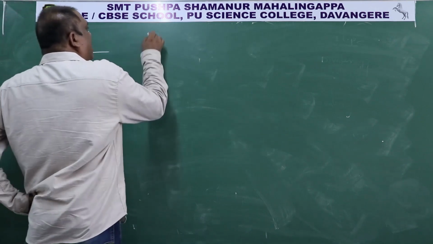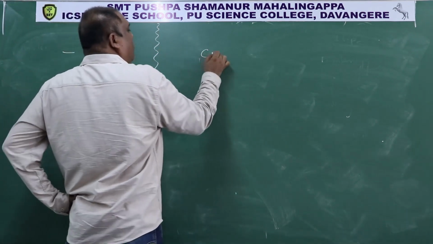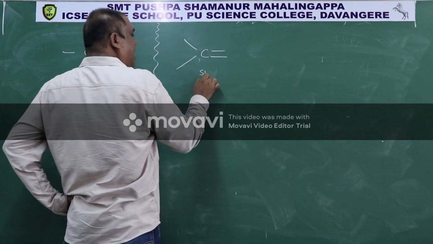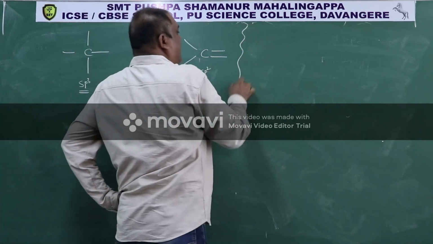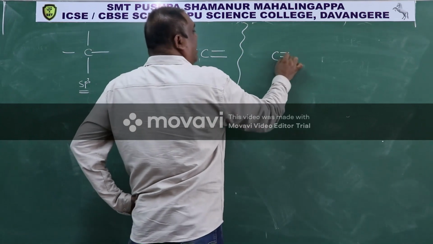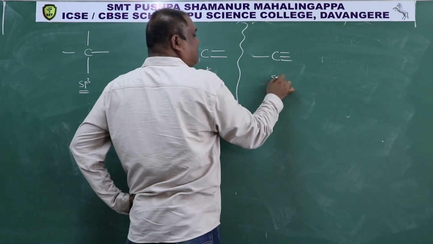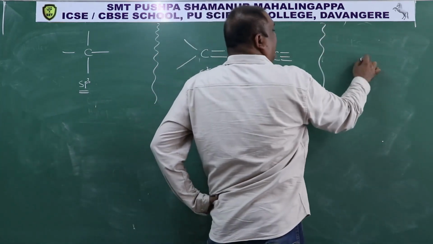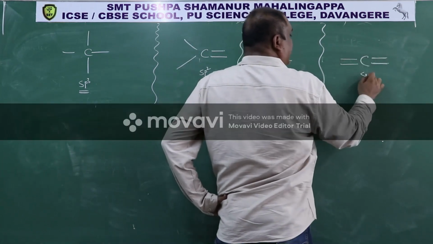In an organic compound, if carbon forms a double bond and single bond, then that carbon hybridization is sp2 type. In an organic compound, if a carbon forms a triple bond and single bond, then that carbon is sp hybridized. In an organic compound, if carbon forms 2 double bonds, then that carbon is sp hybridized.